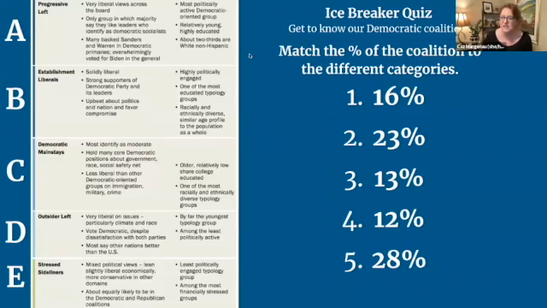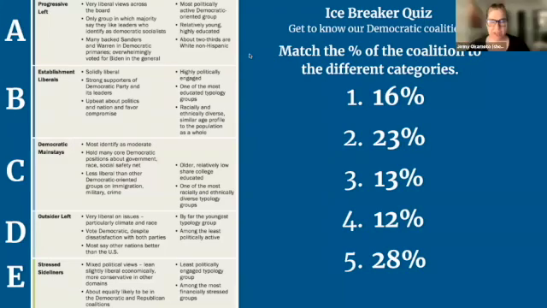So what percentage do you think is outsider left? And the last one is stressed sideliners. These are the people that are the least politically engaged, and they are actually the most financially stressed as well. So what percentage do you think falls into stressed sideliners? So we've got 16%, 23%, 13%, 12%, and 28%.